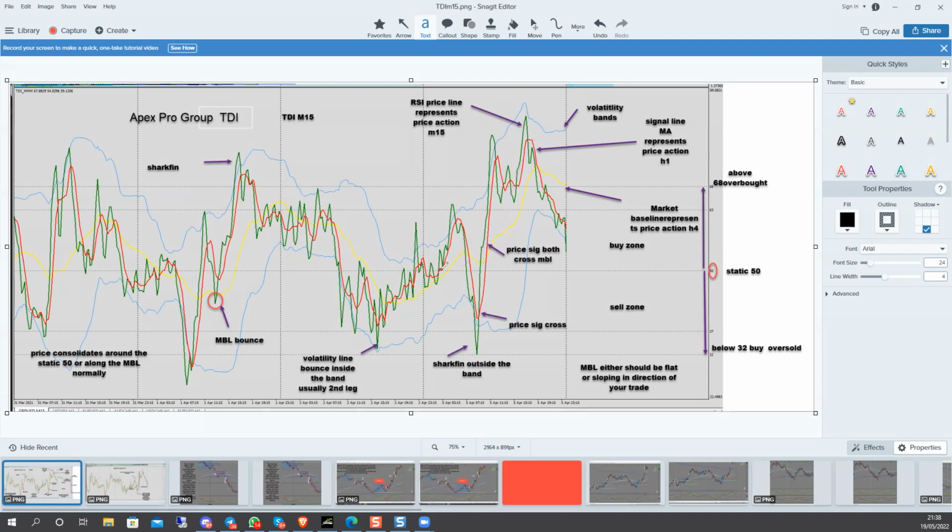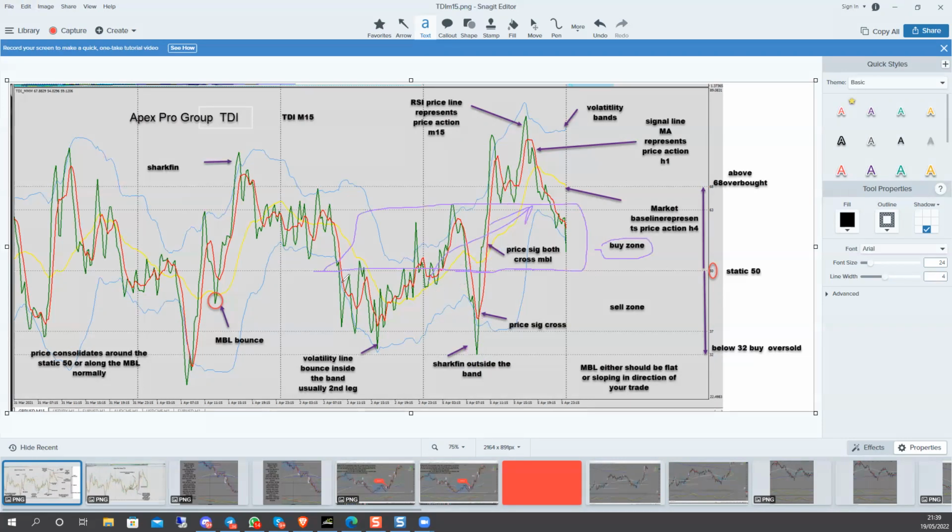Also, when we start buying, the price is now above the 50 level. Above the 50 and up to 68 is the buy zone. When most of the TDI is above that, we are in a buying area, so price should be going up.